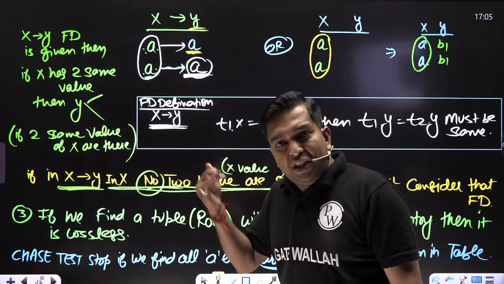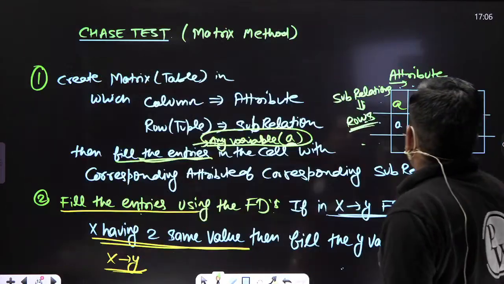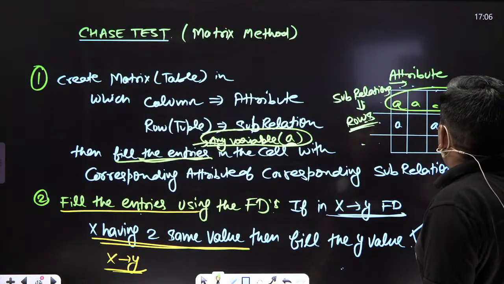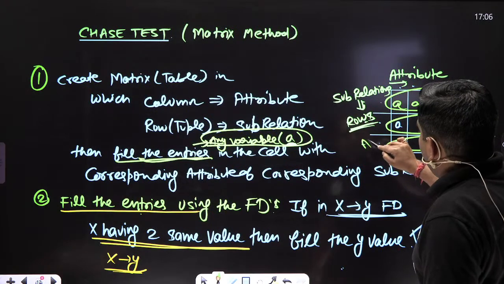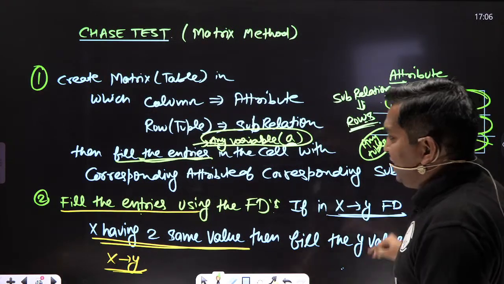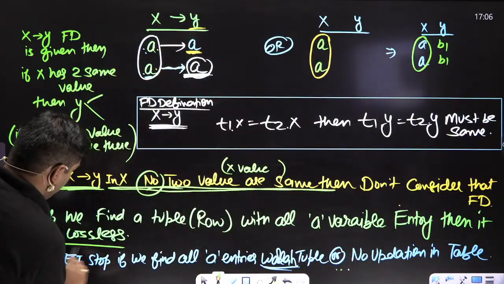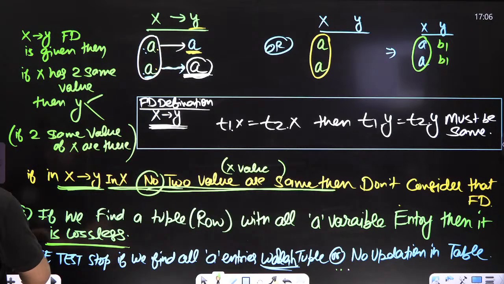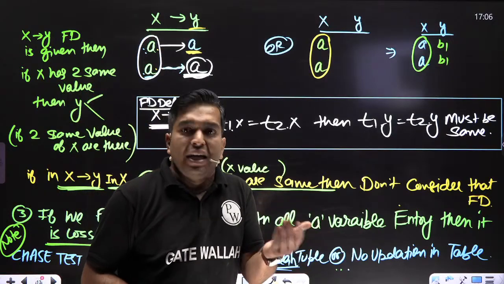Now we repeat this process. If we find any tuple with all A entries, then we can say it is lossless. Or when the chase test stops, it may be lossy.